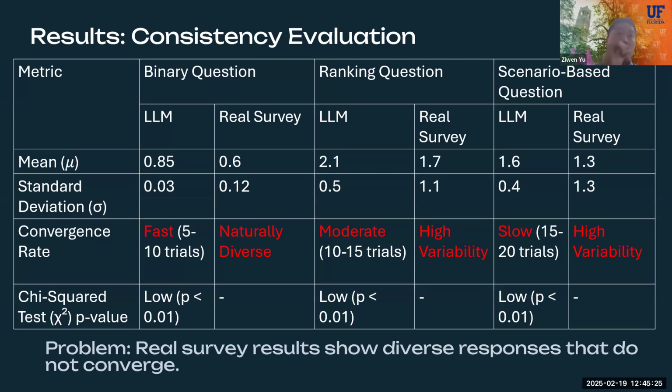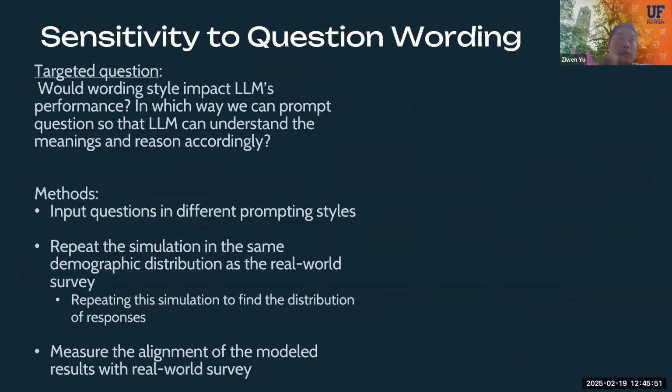So what we see here is that the diverse responses in the real survey cannot really be represented by the LLM models. So the consistency evaluation is not really good for this case, but we do think there are improvements possible, especially the demographic configurations should be fine-tuned or restricted to see if this alignment can be improved.